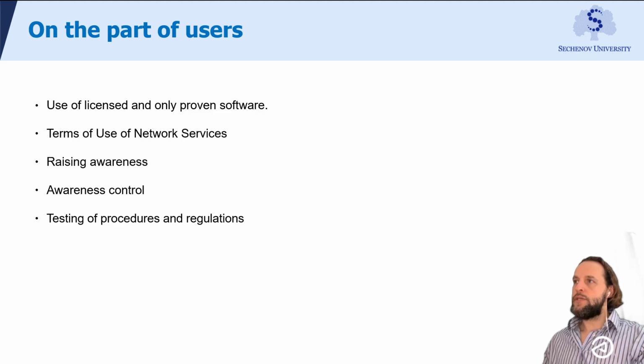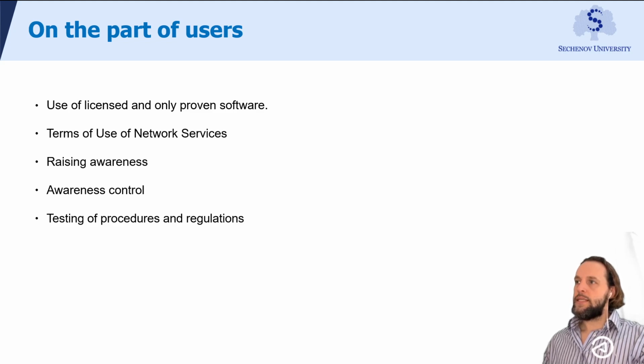Talking about our users, there are also several ways we could improve our data security. First of all, using licensed software and keeping the network in the required state of security.